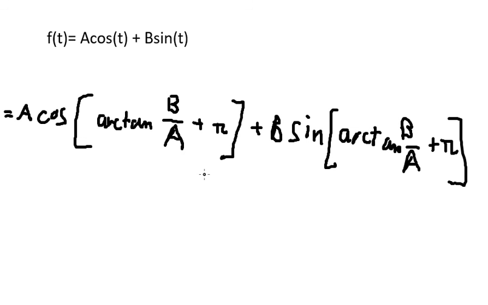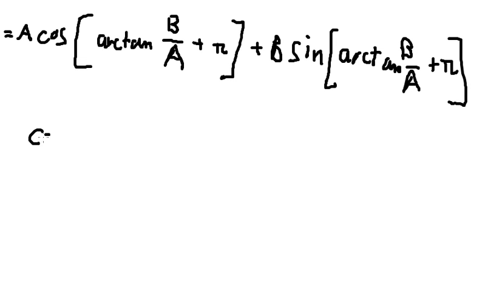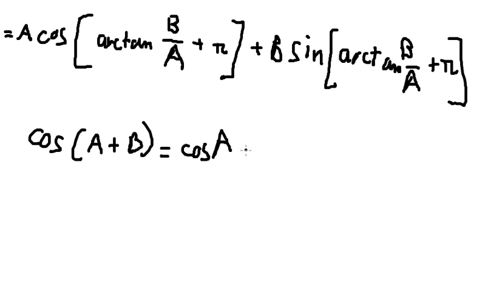Now we can apply this formula. We have cosine of a plus b equals cosine a cosine b minus sine a sine b.